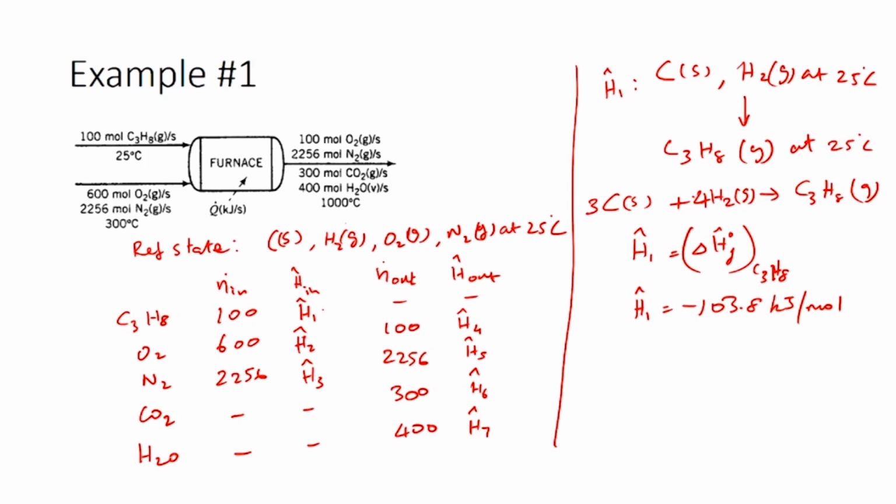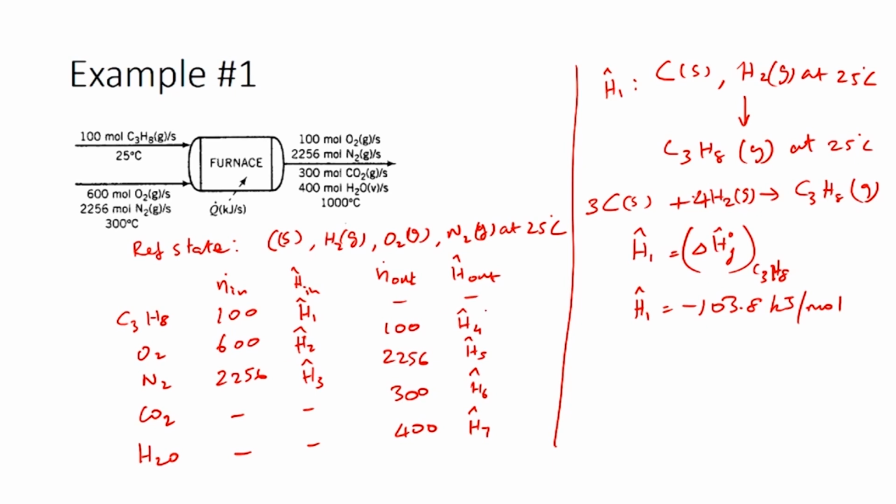Now, we need to identify similar values for H2 cap, H3 cap, H4, H5, H6 and H7. If you look at H2, H3, H4 and H5, you are talking about elements, right. So, it is nitrogen and oxygen in their elemental forms. This is being heated from 25 degrees Celsius at reference state to 300 degrees Celsius in the inlet condition and 1000 degrees Celsius in the outlet condition.